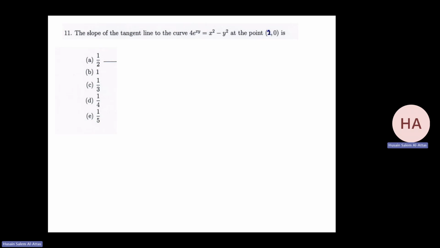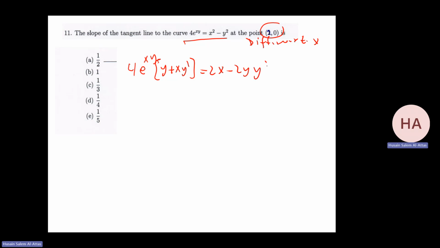The slope of tangent line, yeah, I think we're repeating ourselves. That will be 4 e to the power xy. How to differentiate this? I differentiate with respect to x, and then use this to find y prime. Okay. Now product of xy, that will be y plus xy prime equals 2x minus 2y, y prime.